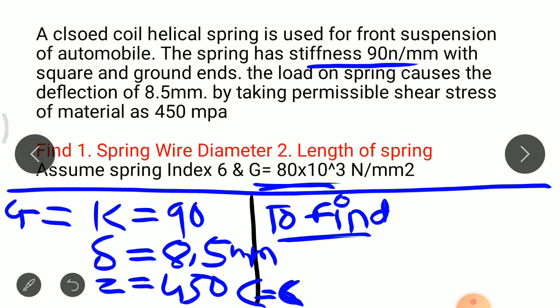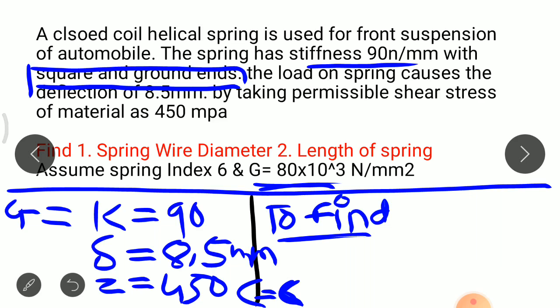Also we have been given that the spring is square and ground ended, and we know that when this condition is given in the statement, it means two turns are there which are inactive.